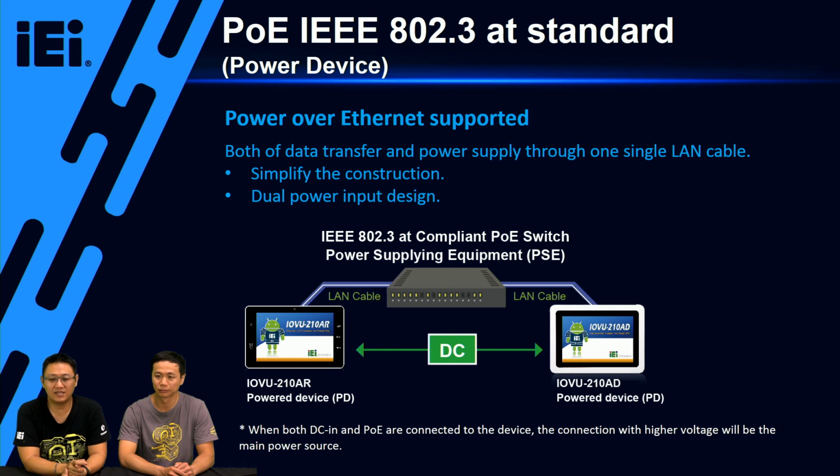If DC power is also connected, it works like redundant power, and the machine will be powered from the higher voltage. For example, the IOVU transfers the PoE voltage to 12 volts. If we use a 24 volt DC power adapter, PoE will be the standby power. On the other hand, when we use a 9 volt DC power adapter, PoE will be the main power supply. So PoE is an important selling point here.